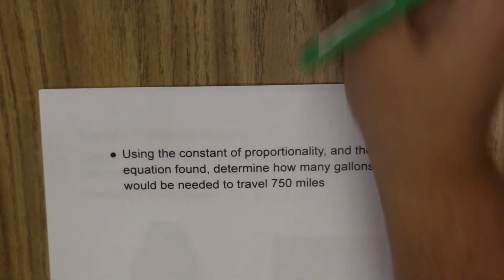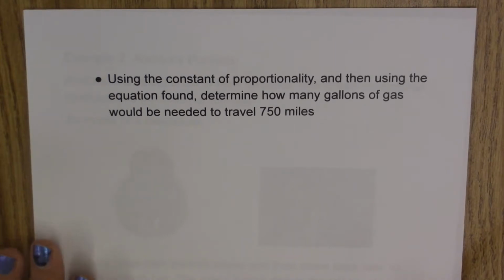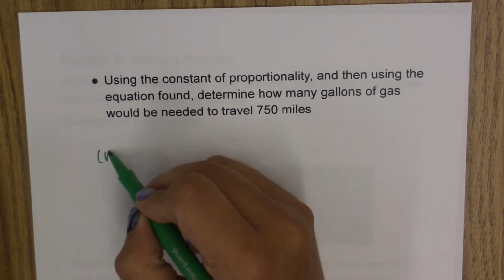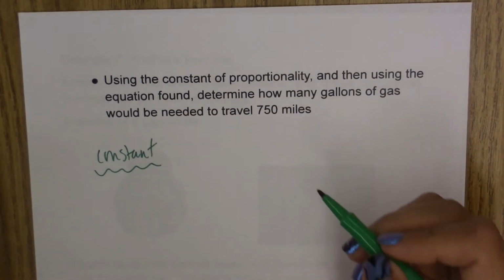All right. Our next one, using the constant of proportionality and then using the equation found, determine how many gallons of gas would be needed to travel 750 miles. We're going to do this kind of the same way again. Let's start with our constant. Arithmetically, what would we do?